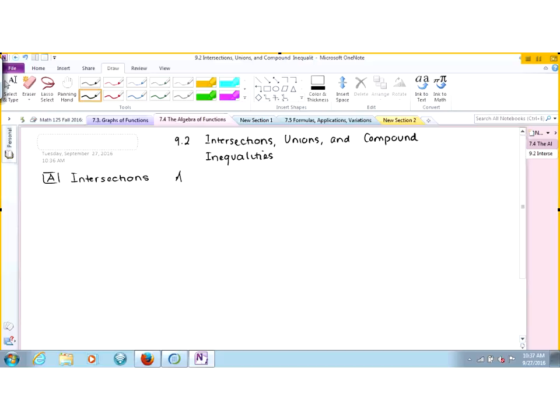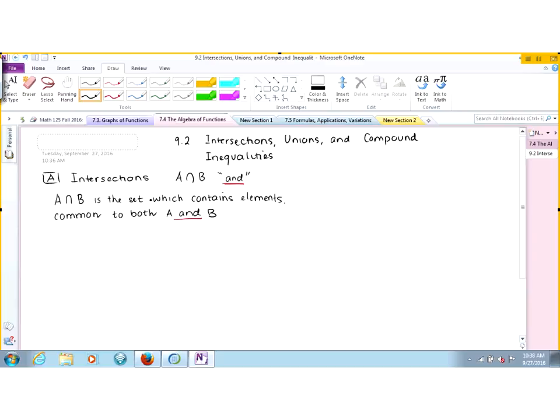The symbol for intersection is ∩. So intersection is A ∩ B, and the key word later on which you need to remember, intersection is N. So A intersection B is the set which contains elements common to both A and B. So both in A and B. So N is the keyword.